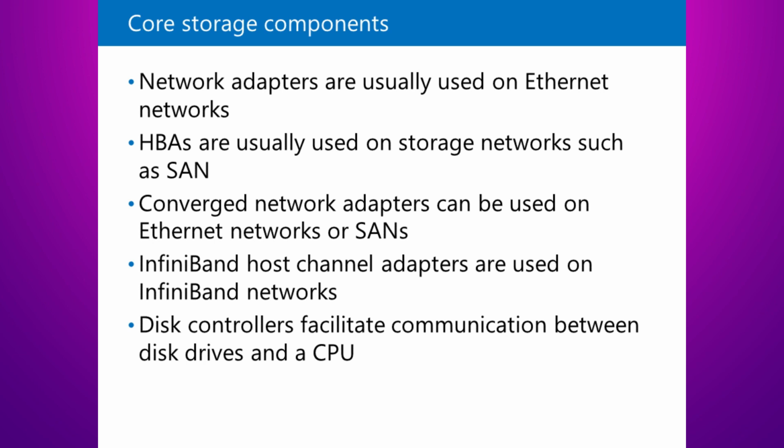A WWN is a configurable 64-bit address that every Fibre Channel network component uses, although they do not apply to iSCSI HBAs. Note: WWNs are configurable, so relying solely on WWNs is a security risk. Some attacks rely on WWN spoofing, which is the process of using another device's WWN without authorization to gain access to backend storage.